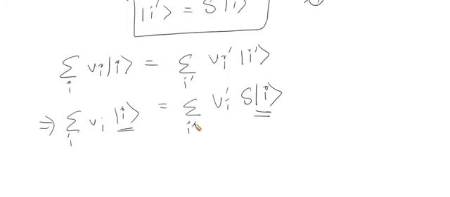And instead of summing over I primes, now the sum will be changed and it will be going to just I. So let me get rid of this prime over here, and comparing the left hand side and then right hand side, we can write Vi is equals to S Vi prime, because these S are when you think in terms of the column matrix, that's how you should write it.